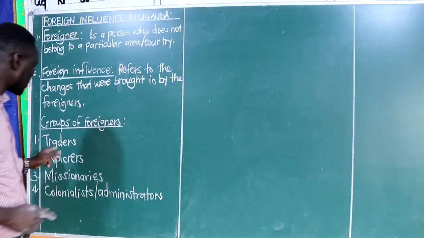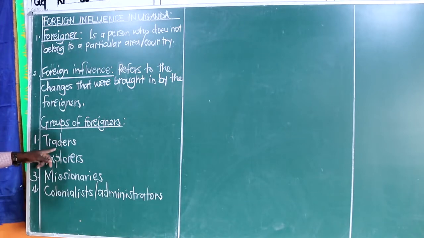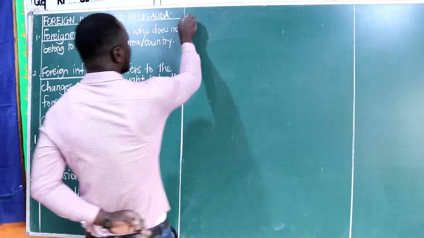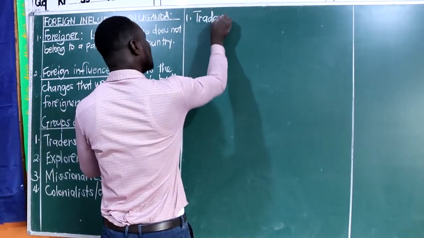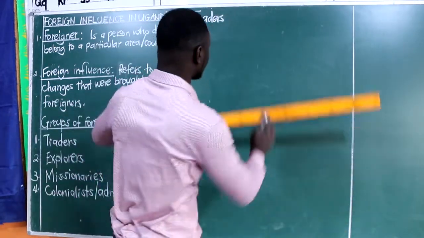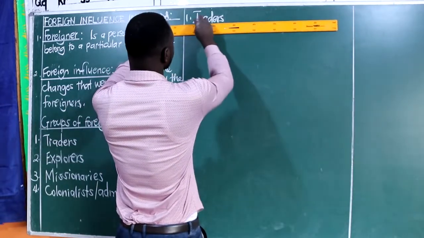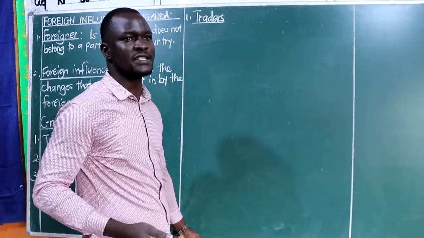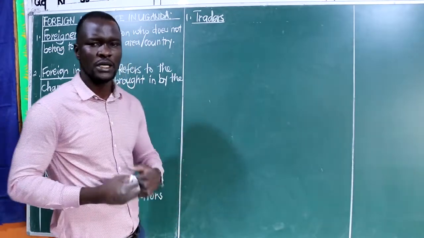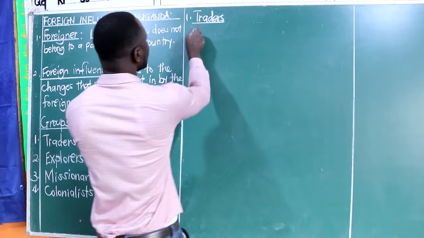Today, let's extract the first group, traders. So we are having here the first group of traders. Like I say, this group of traders are the people who came mainly to carry out trade.